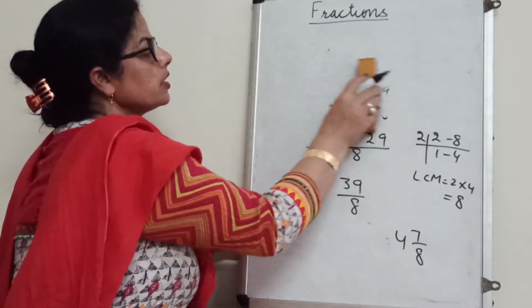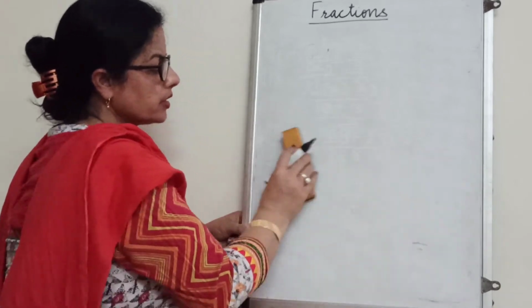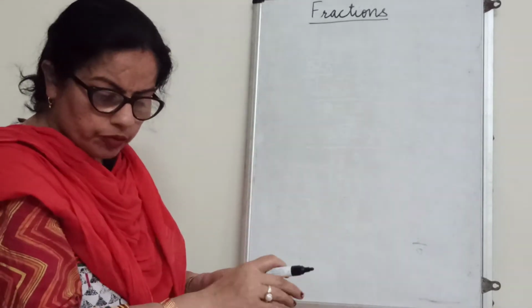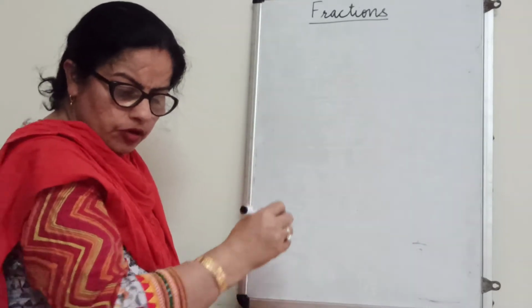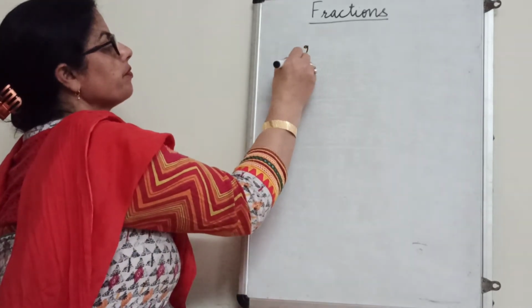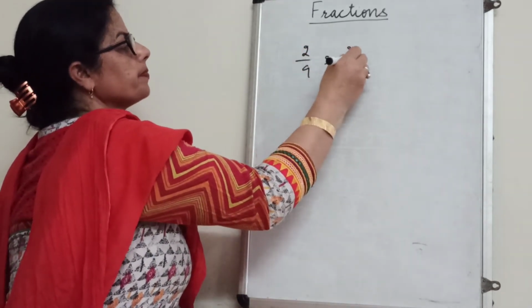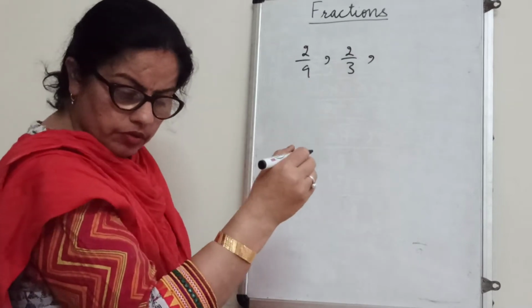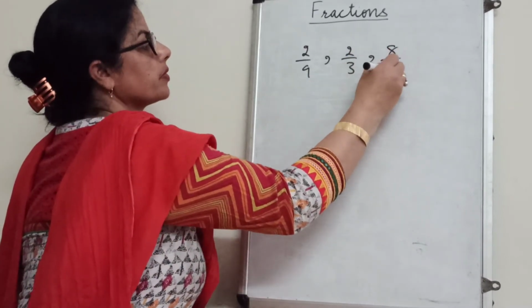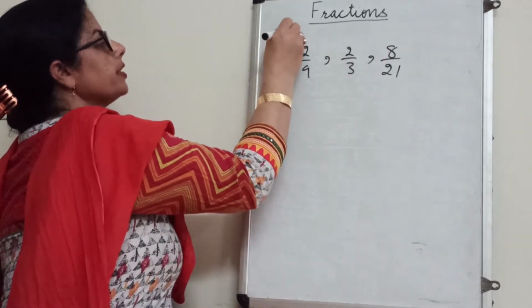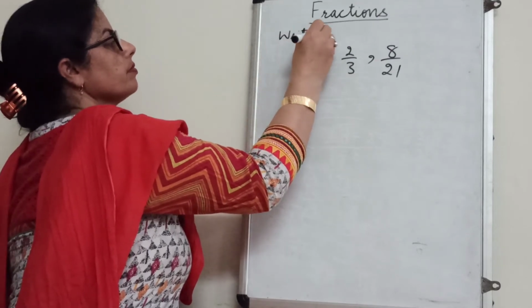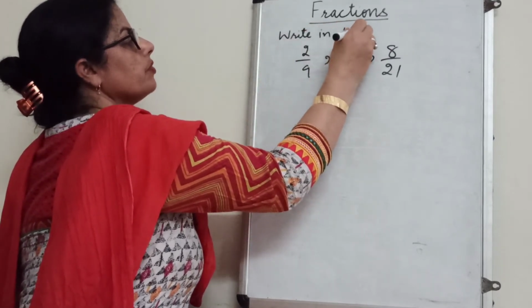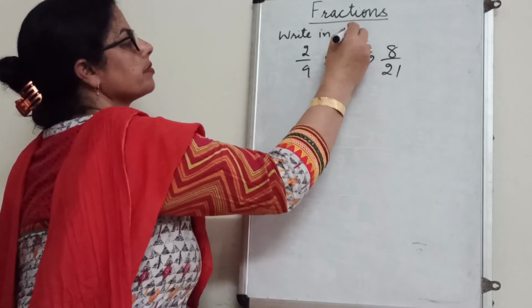Now the next is how we can write in ascending or descending order. Suppose these are the fractions: 2 by 9, 2 by 3, 8 by 21. We want to write in descending order. How will we write in descending order?